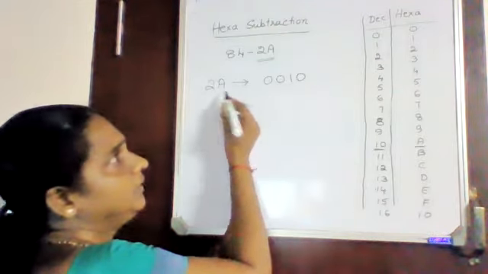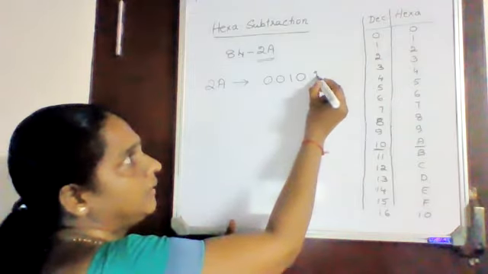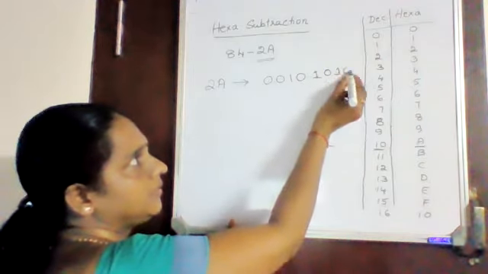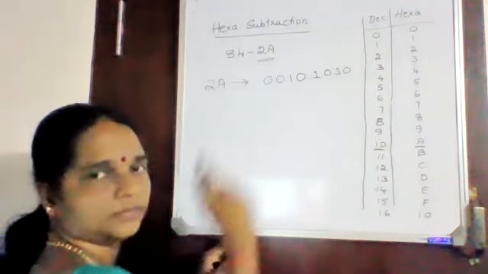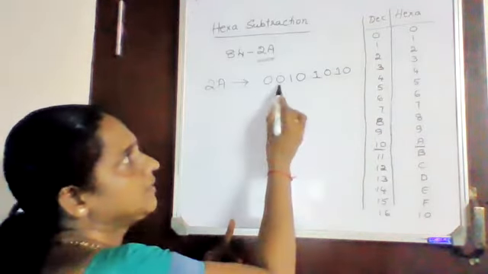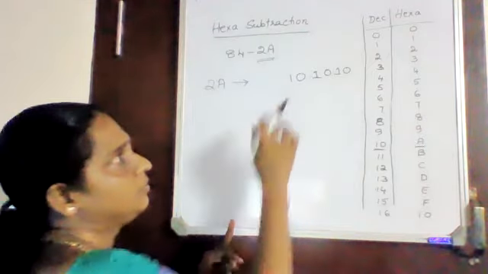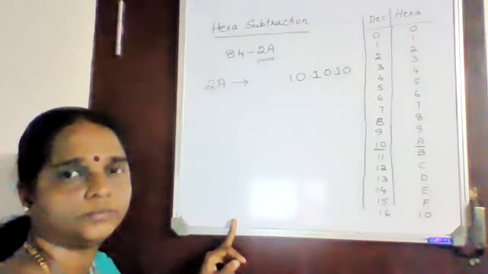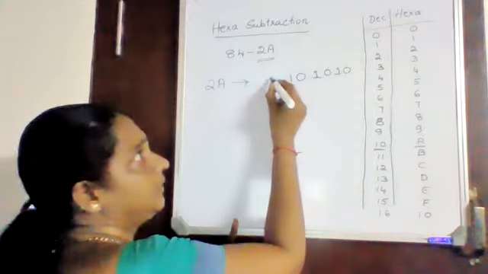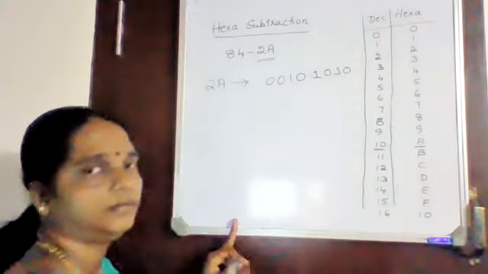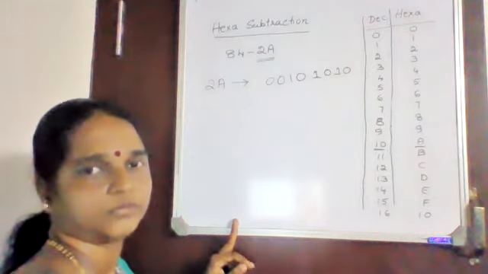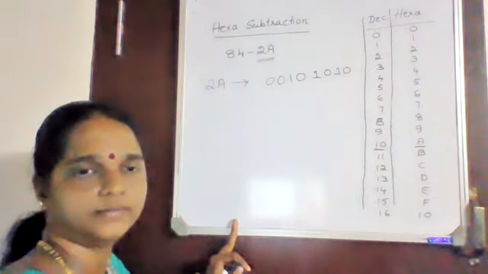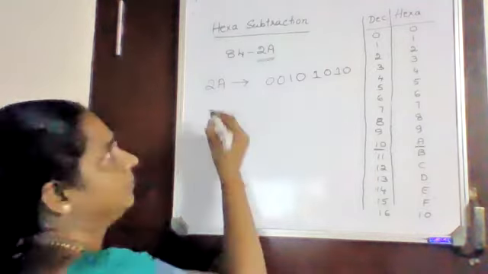A is 10, that is nothing but 1, 0, 1, 0. We need to retain the two leading zeros here because we are finding the 1's complement and the 2's complement.